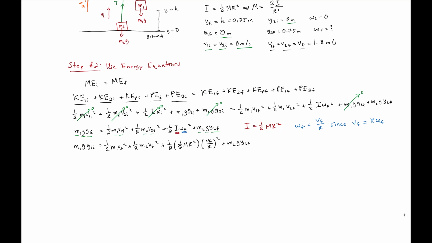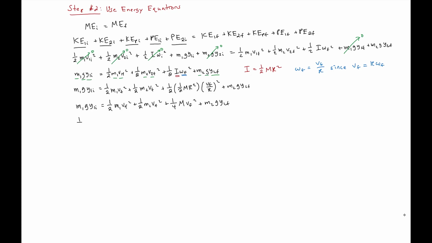Okay, so we now have m1 g y1i is equal to 1/2 m1 vf squared plus 1/2 m2 vf squared plus 1/4 M r squared times vf squared over r squared. So the r squareds do cancel out. So it's 1/4 M vf squared plus m2 g y2f.